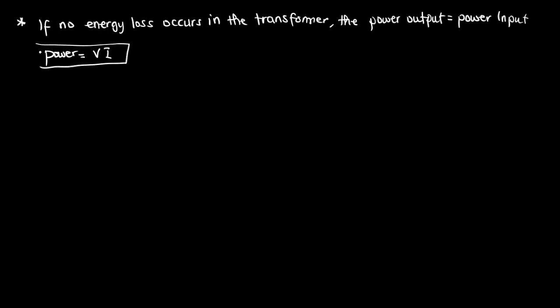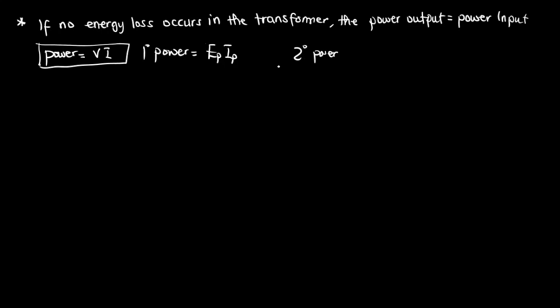Now if this is power, in this case voltage can also be EMF. So power in our case over here will be, if you are saying the primary power, the power in the primary coil, EP IP. Then the secondary power, which is the output, the power output.